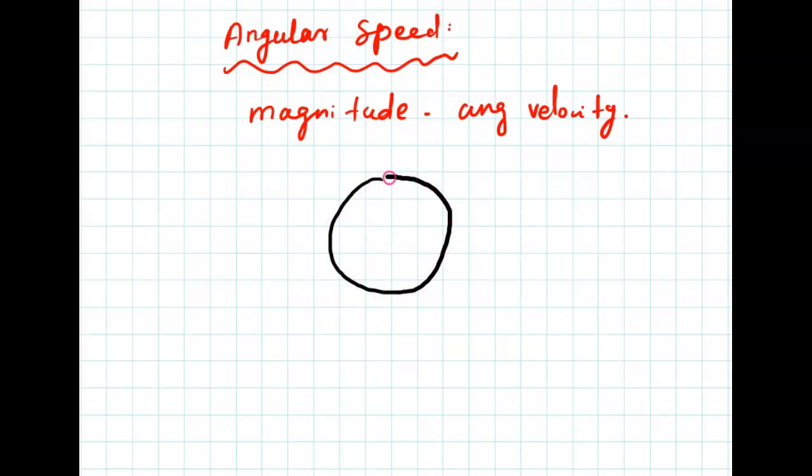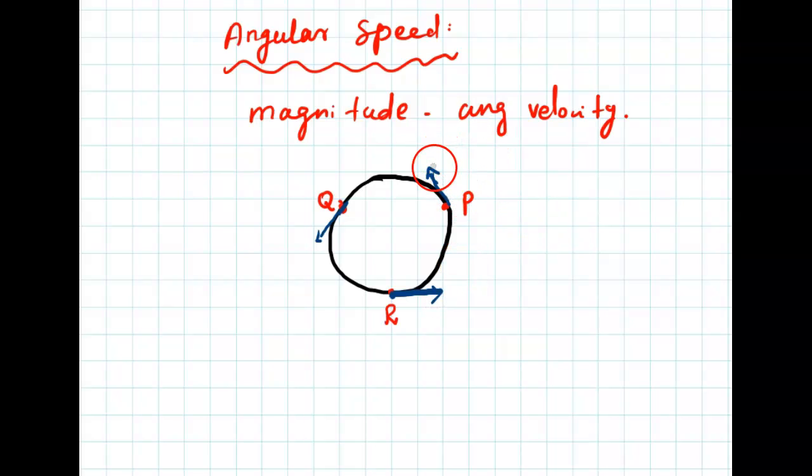If we draw a circle and take 3 points on the circle, here is a point P, here is a point Q, and at the bottom is a point R. Now we can draw the tangent at the point P, at the point Q, at the point R. So here are the tangents.